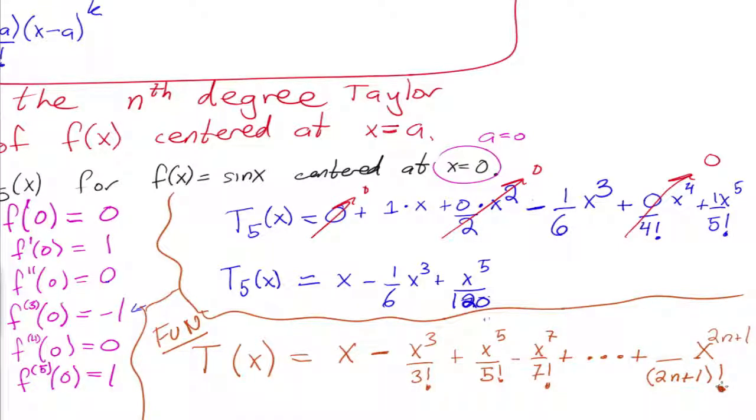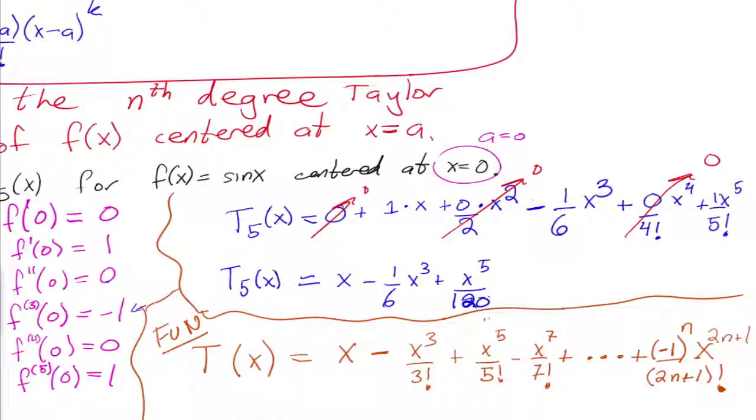And do you know how you write that it's alternating between plus and minus? Any ideas? No? What you can do is use -1 raised to the n. If n is equal to 0, the exponent is 0, so -1 to the 0 is 1, x to the 1 over 1, which is the first term.